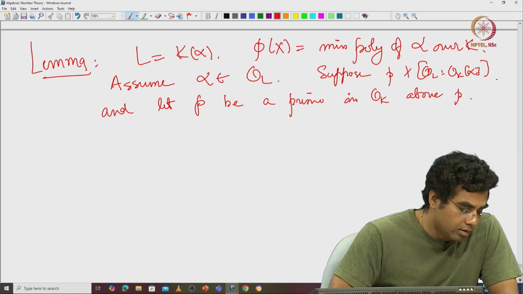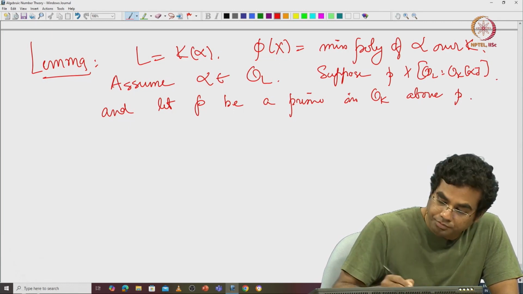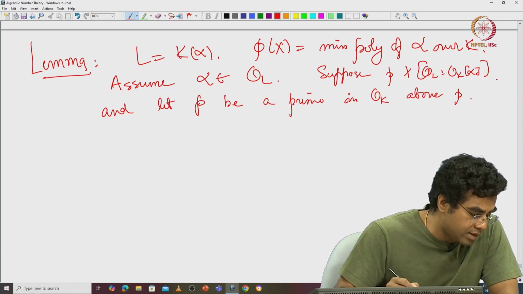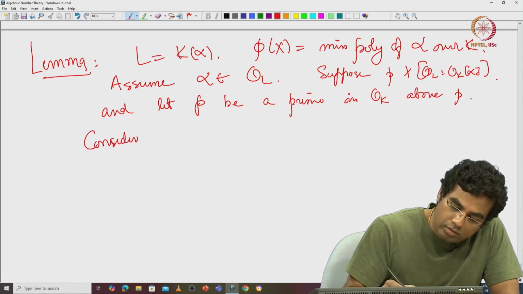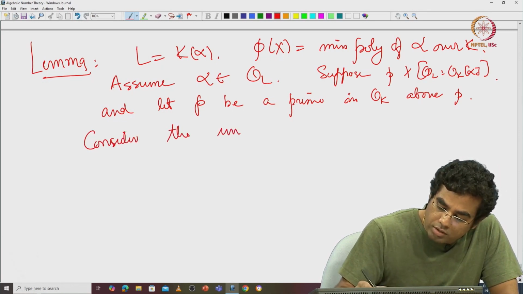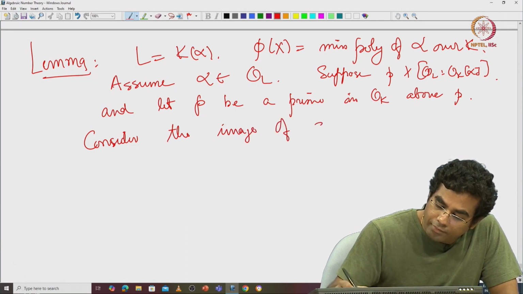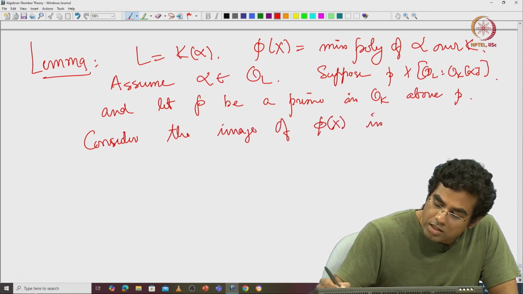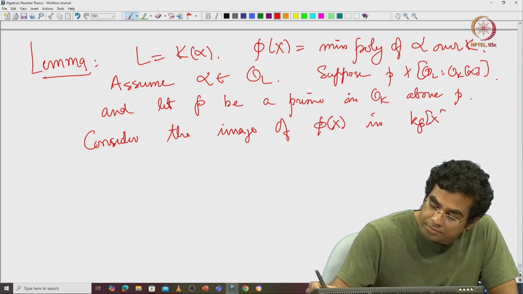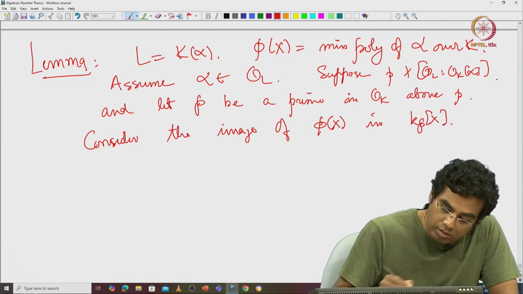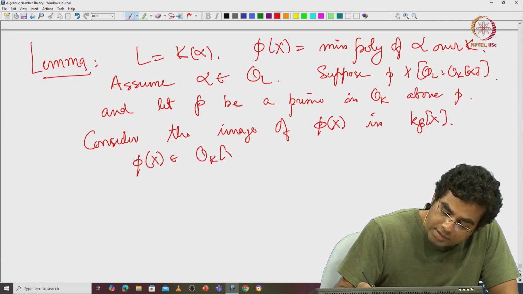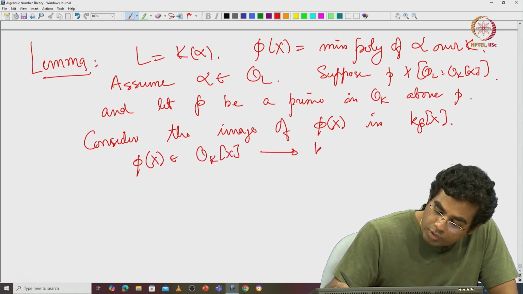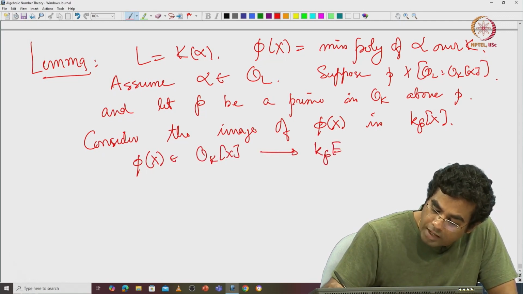All right. Now, what I do is I consider the image of phi(x) in k_P[x]. So, phi(x) is contained in O_K[x] and there is a map to k_P[x].